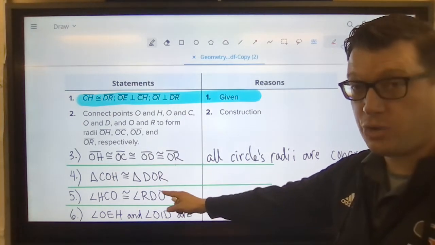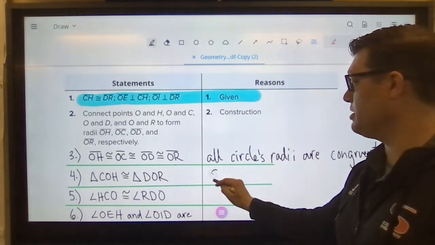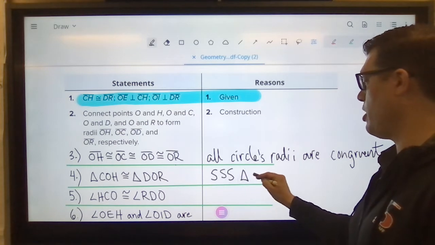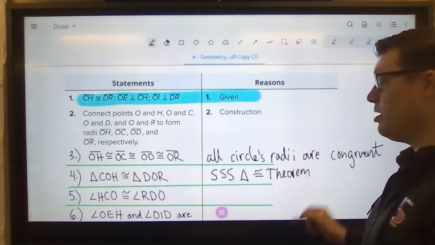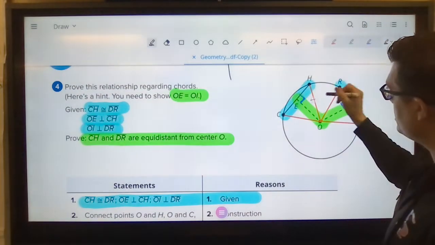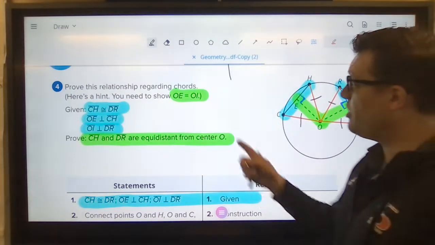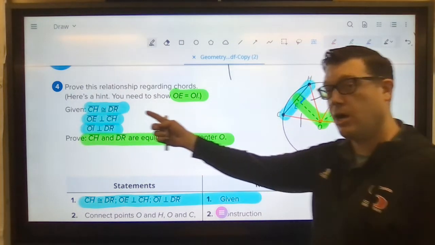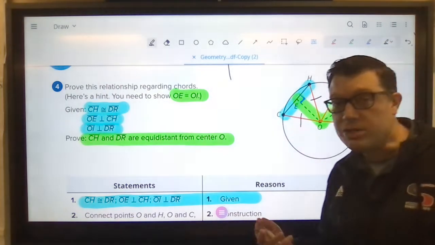That means then, you guys, that COH and DOR are congruent by the side-side-side triangle congruence theorem. Now that's a true statement because when you go back up and you look right here, this side, this side, this side, and this side, they're all the same length. And way at the very beginning of this entire problem, we said that this line and this line are the same length.